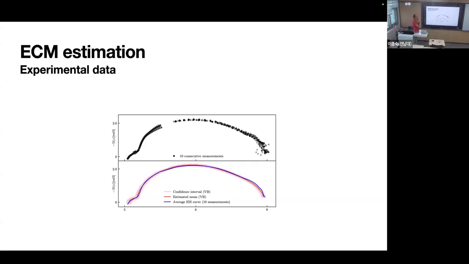The second thing that I will be talking about is, can we use the same concept of variational inference to estimate the uncertainty in the ice curves that we are looking at? The top plot here shows 10 consecutive measurements. We can see that there is some discrepancy here. Yes, there is a gap here.